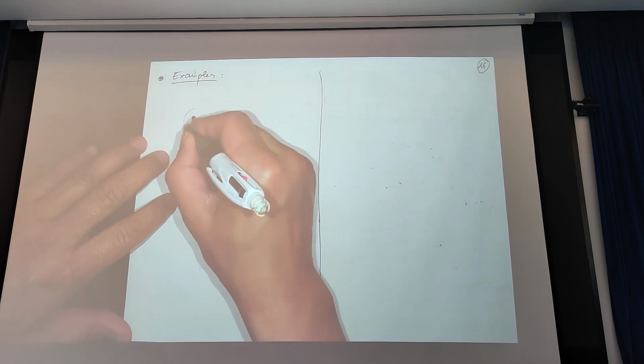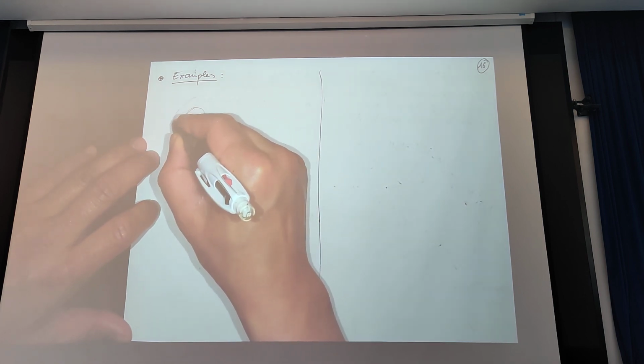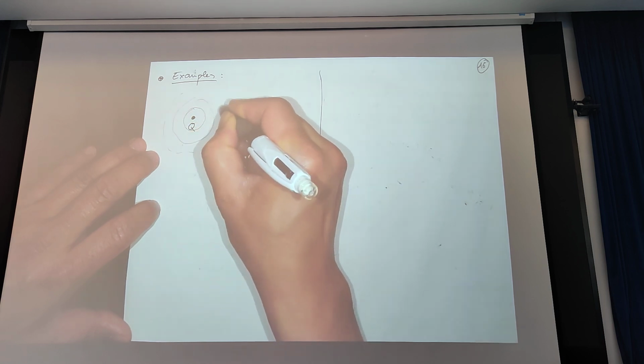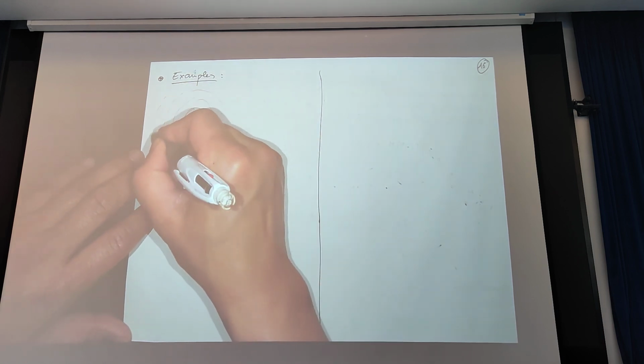So this is, of course, a spherical surface around the charge.